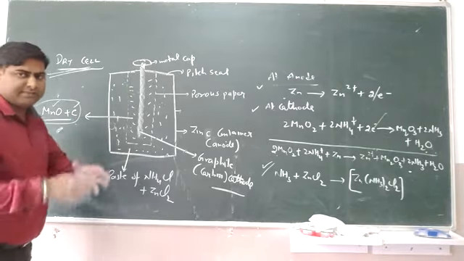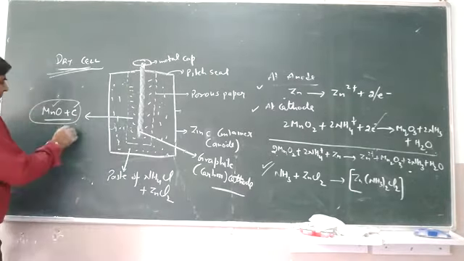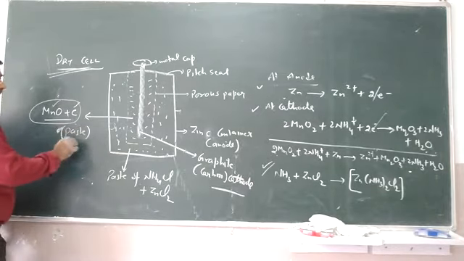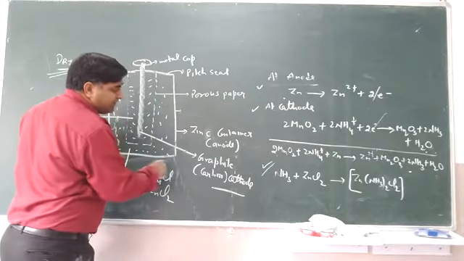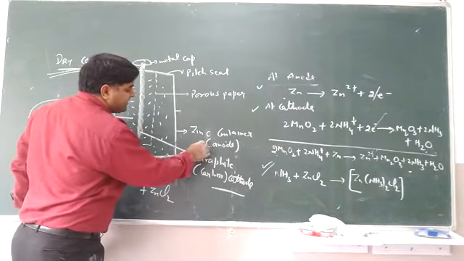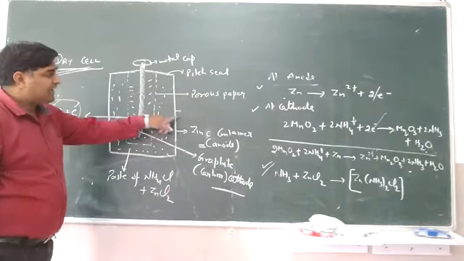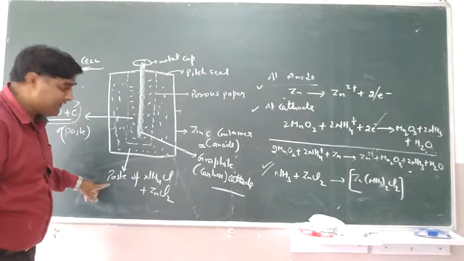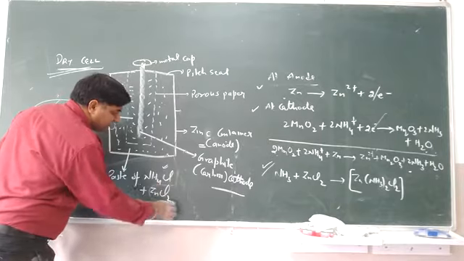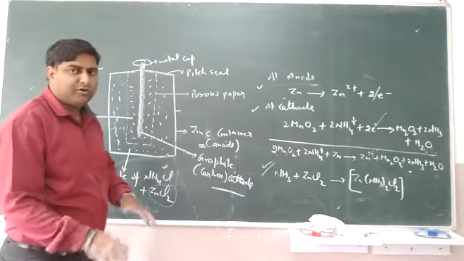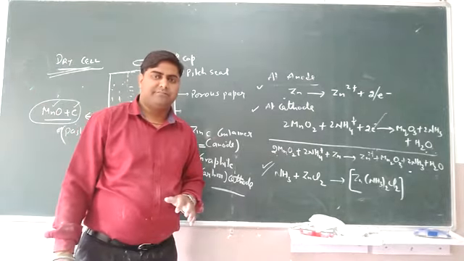It is just like a jelly-like paste. Then outside the porous paper is a zinc container which acts as anode. Inside the zinc container, we place a paste of ammonium chloride and zinc chloride. Ammonium chloride acts as electrolyte.